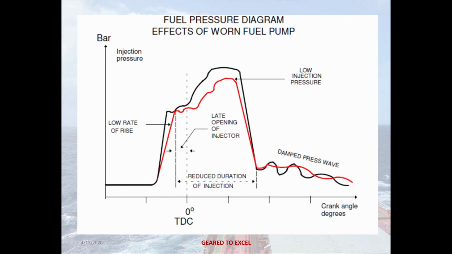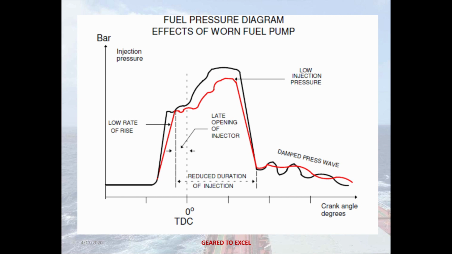Fuel pressure diagram, effects of worn fuel pump. You can see here this black one is the normal condition where there is no problem with the fuel pumps. But if the plunger and barrels are worn, you will have a diagram like this represented in the red line.